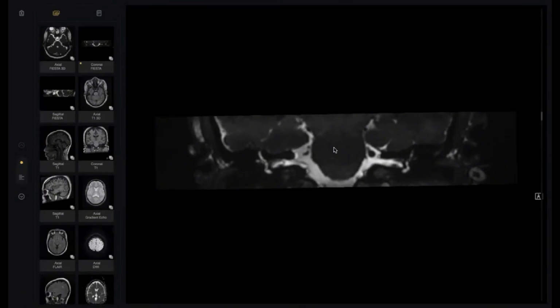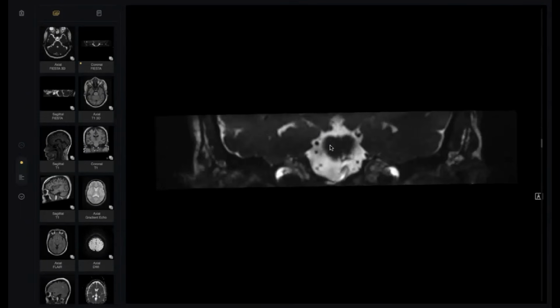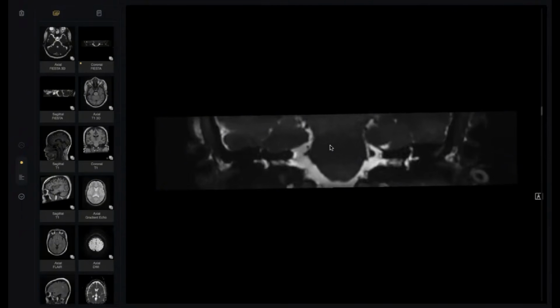So this is probably a vascular loop, likely a branch of the ICA. It compresses the trigeminal nerve at its origin, resulting in atrophy of the trigeminal nerve and explaining the trigeminal neuralgia. Okay. What's your next step?